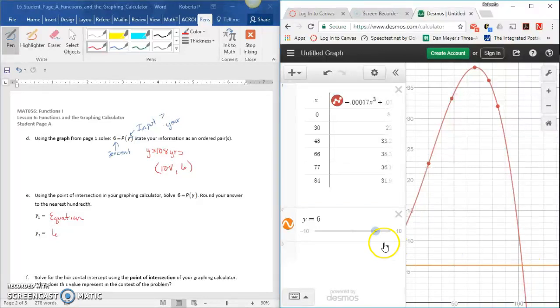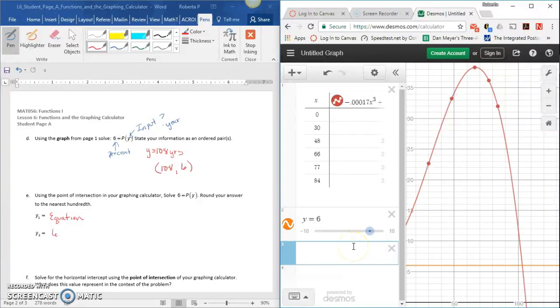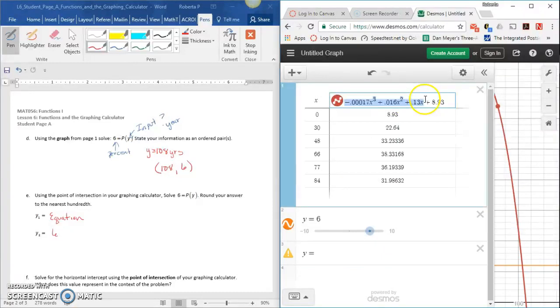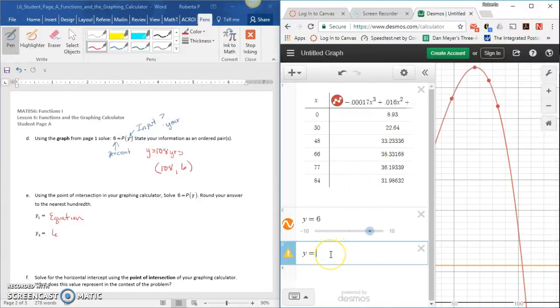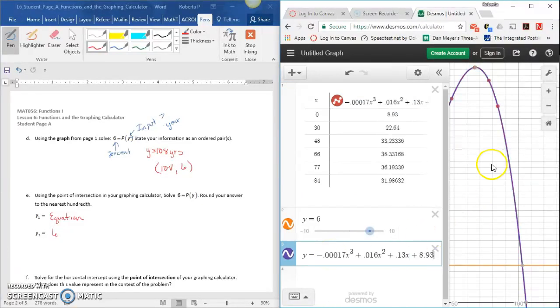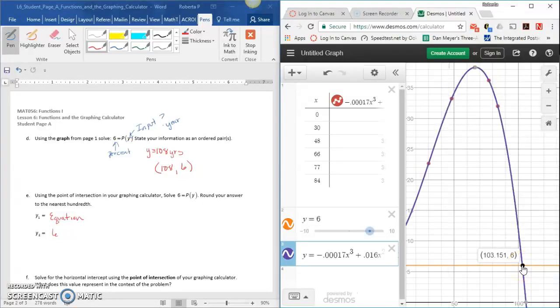So what we need to do is redraw this particular graph, and so we can just go y equals, and you can go up and copy from the equation or retype it, and we're going to put it into our new y. You'll notice it changed colors, and you can see there's a faint point right there, and if you just click on it, now we have the exact answer that's given to us as 103.15, comma 6.